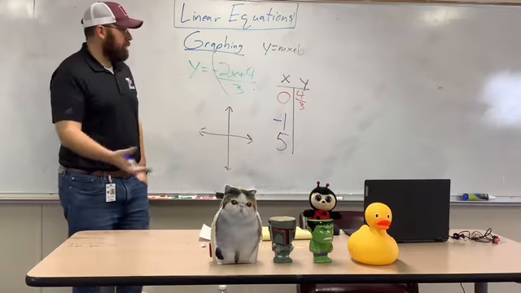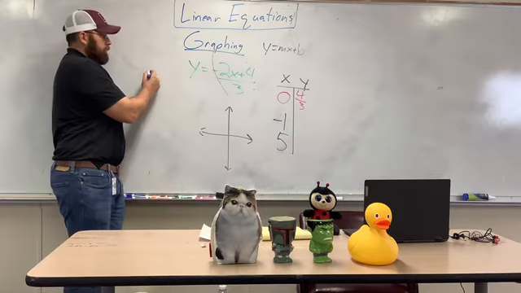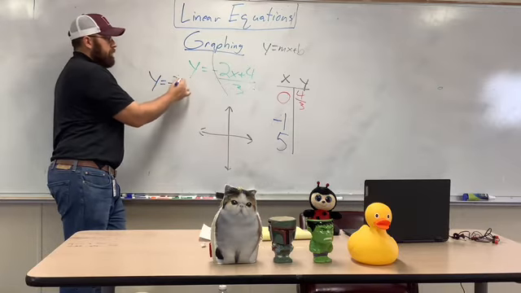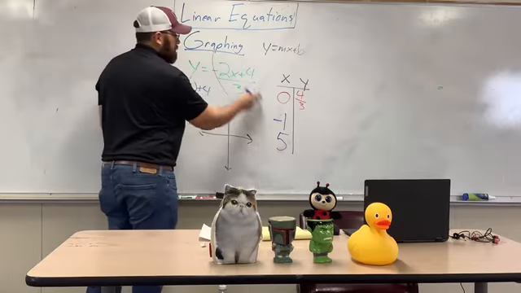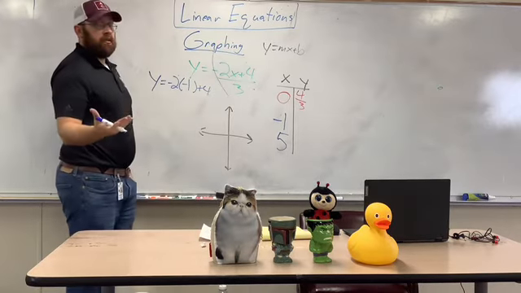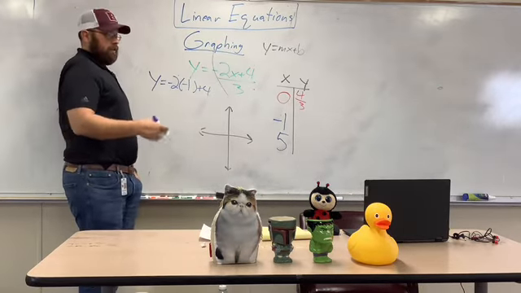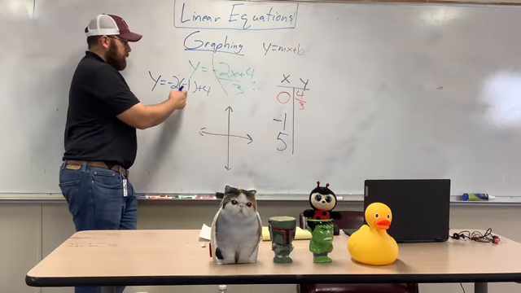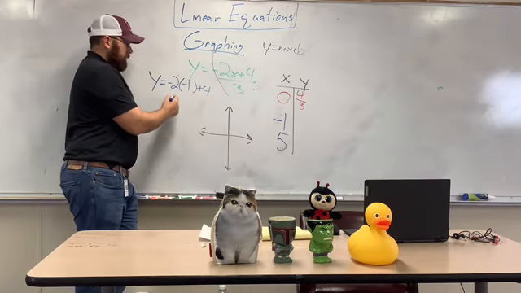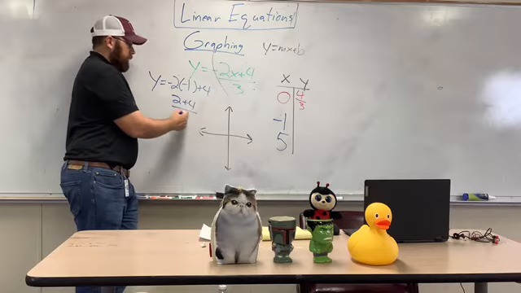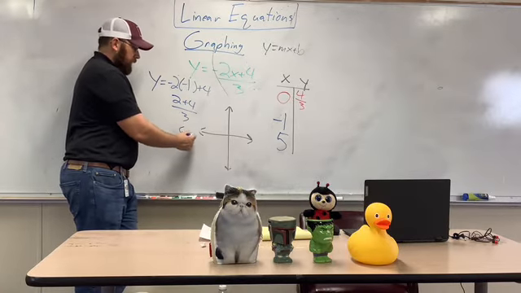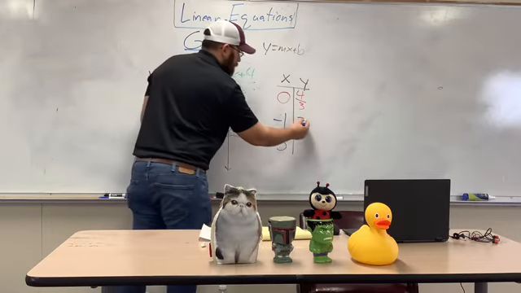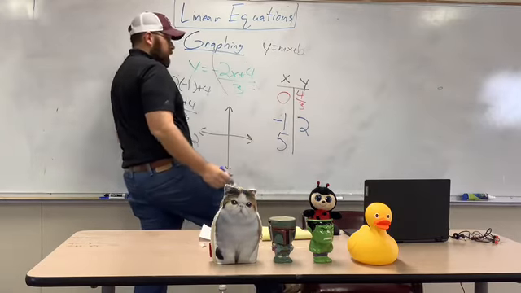Alright, now I have my two other points that I'm going to do. So y equals negative 2 times negative 1 plus 4. All I'm doing is plugging in my x point up here, just like I did for my solution earlier. So negative 2 times negative 1 gives me 2 plus 4. Put it all over 3. 6 over 3 gives me 2.